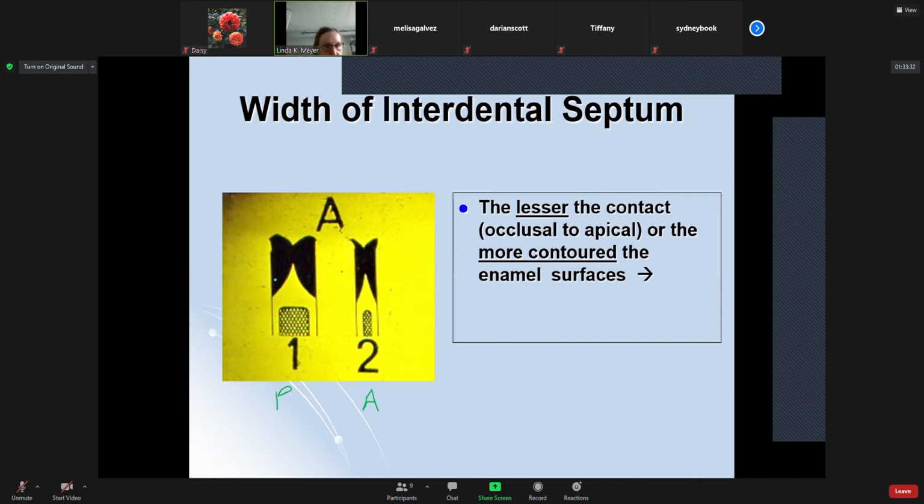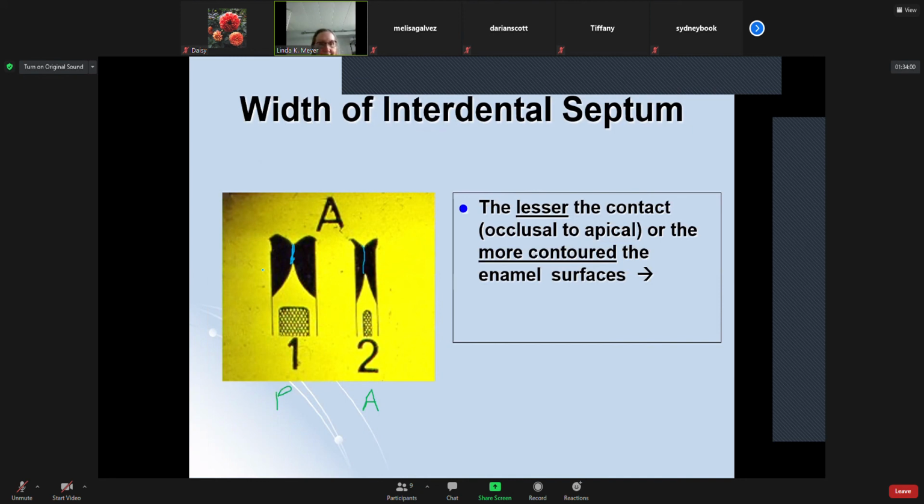Notice on the posterior tooth in an occlusal to apical direction, notice this is a lesser contact right there than this one right here.